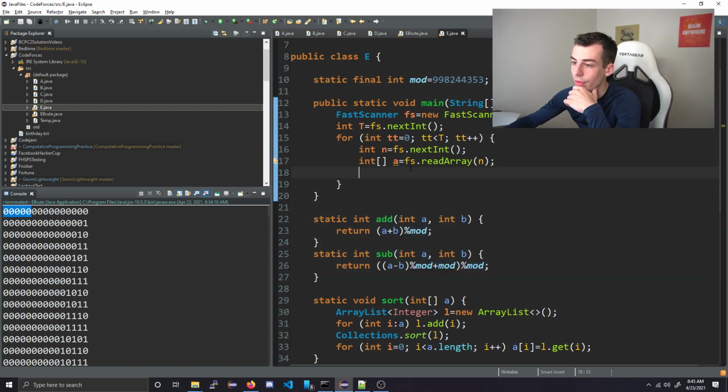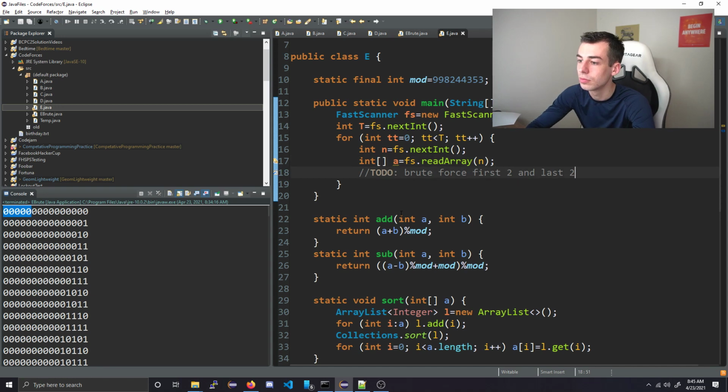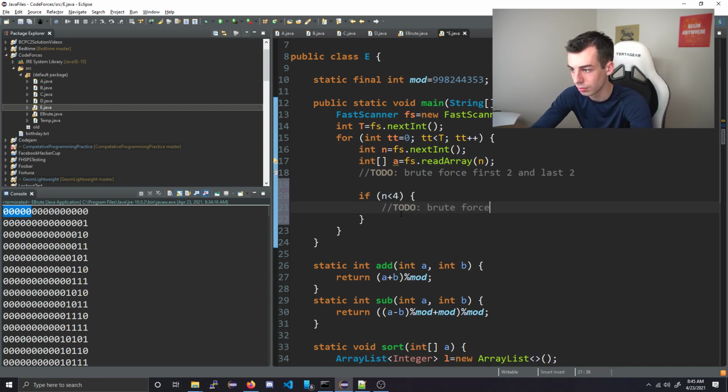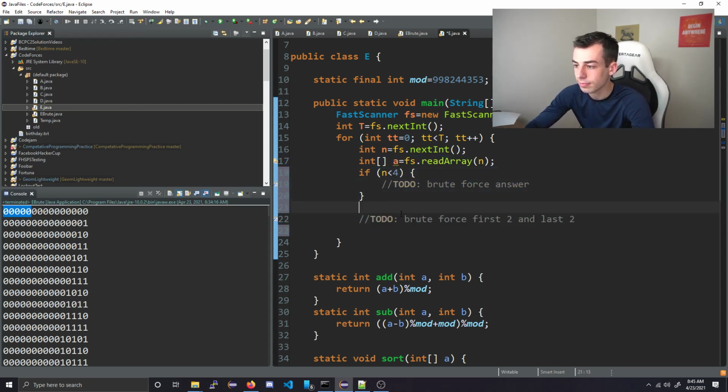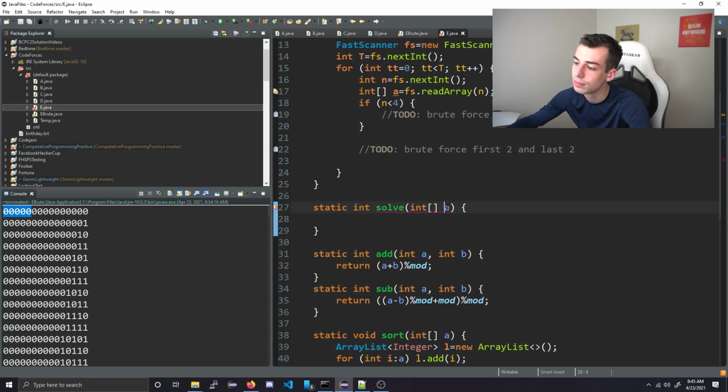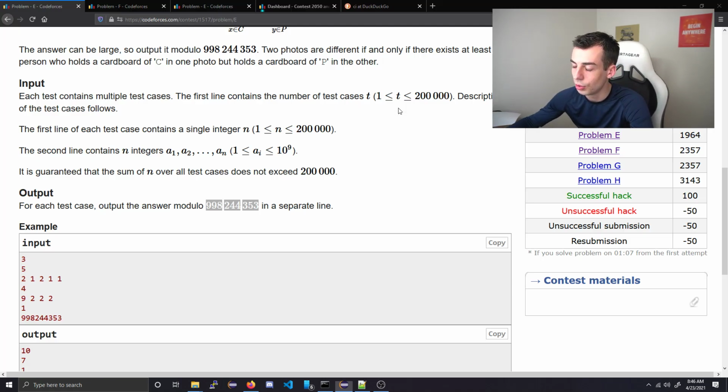So I think that's all we need here. Do we want this to be a long array?